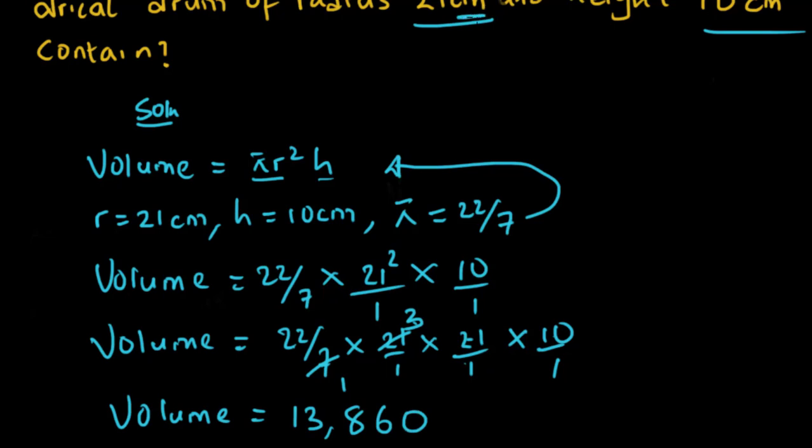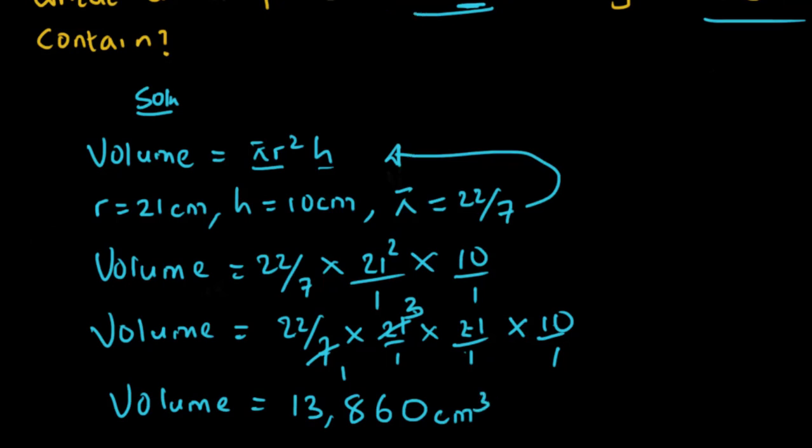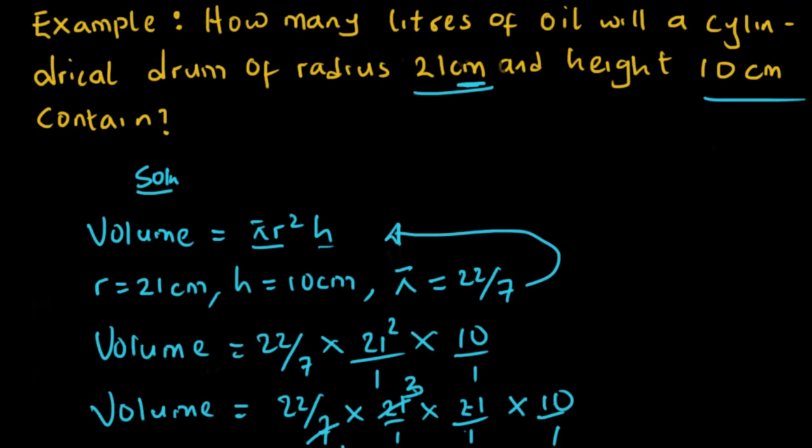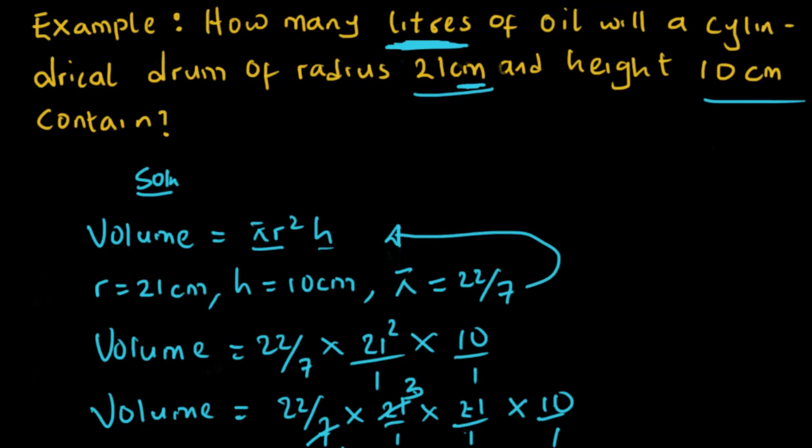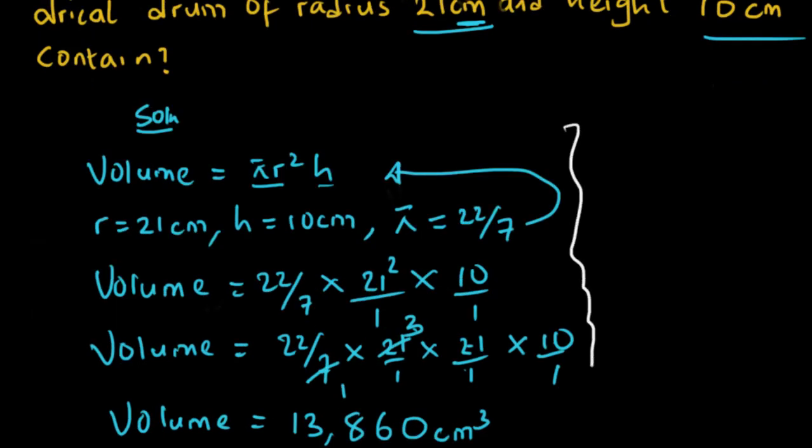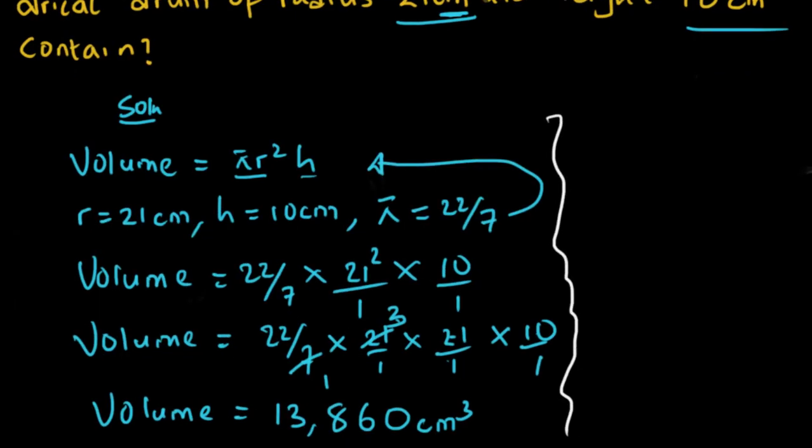So we have volume equals 13,860. Now, because the unit is centimeter, we'll have centimeter cube. But if we go back to the question, you'll see that we are being asked how many liters of oil. So our answer should be in liters, not centimeter cube. So we've got to convert centimeter cube to liters. Now look at what I'm going to do. You've got to ask yourself how many centimeter cube is equivalent to 1 liter.